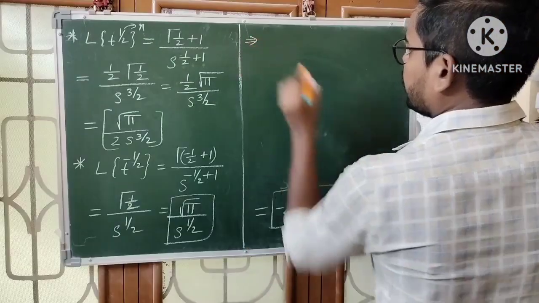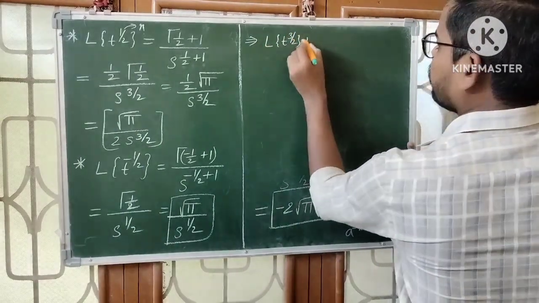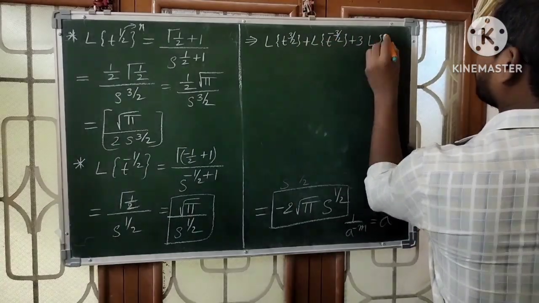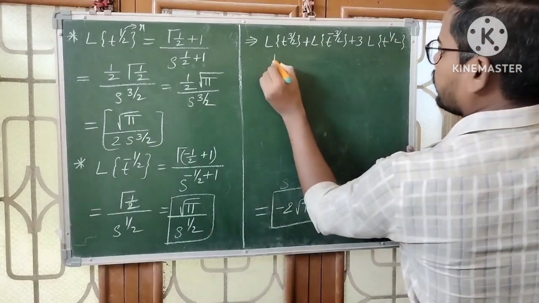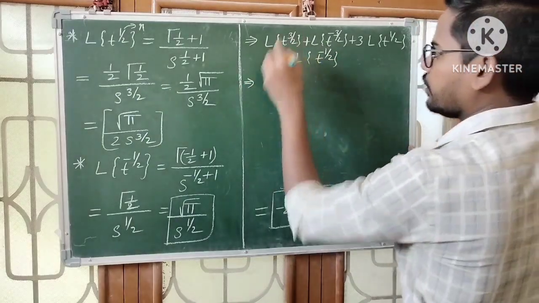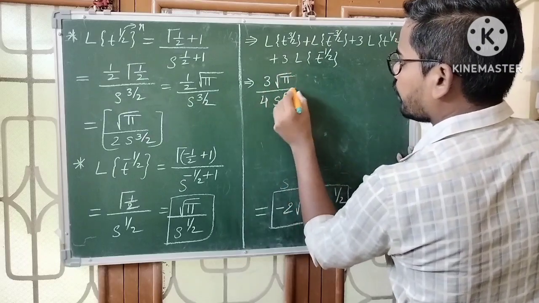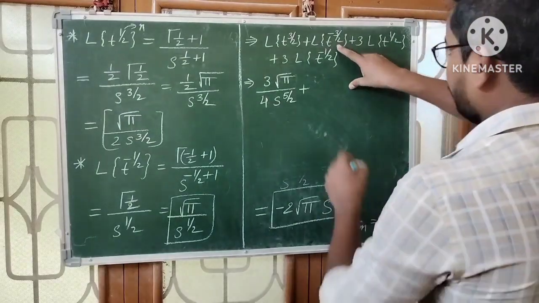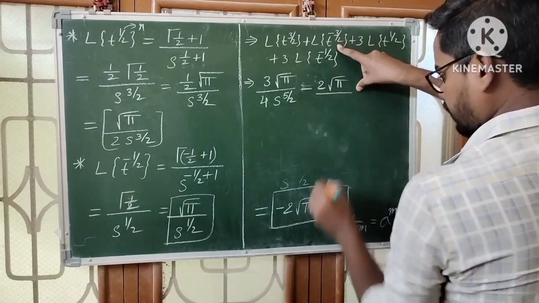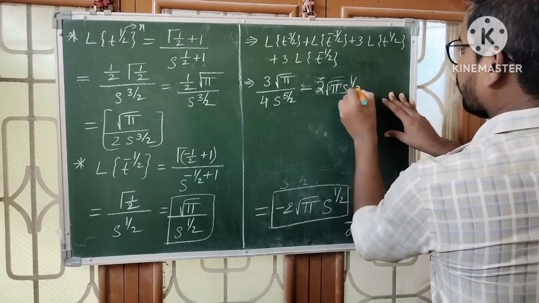Let us substitute all the values. So Laplace transform of t power 3 by 2 plus Laplace transform of t power minus 3 by 2 plus 3 into Laplace transform of t power 1 by 2 at last plus 3 into Laplace transform of t power minus 1 by 2. So first, Laplace transform of t power 3 by 2 is 3 root pi by 4 into s power 5 by 2, plus Laplace transform of t power minus 3 by 2 is minus 2 root pi into s power 1 by 2.